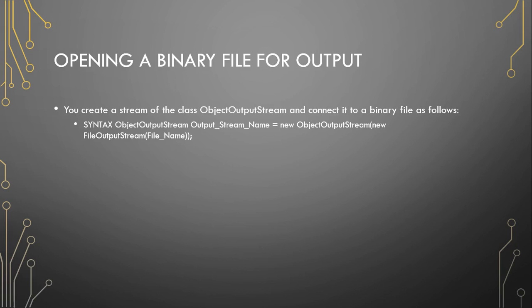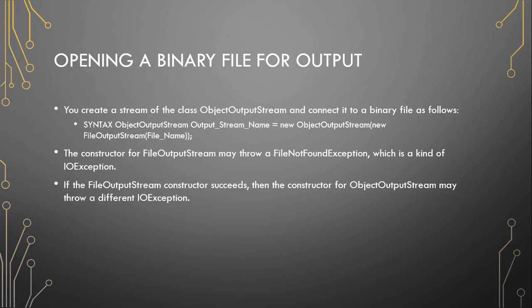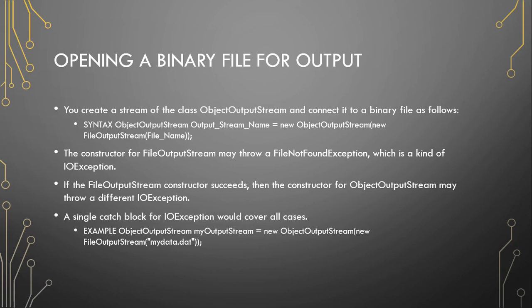That's a lot of output stream to say. The constructor for FileOutputStream may throw a FileNotFoundException, which, if you remember, is a type of I/O exception. If the FileOutputStream constructor succeeds, then the constructor for ObjectOutputStream may throw a different type of I/O exception. So a single catch block for IOException technically will cover all cases, and that's why you see it just throws IOException.